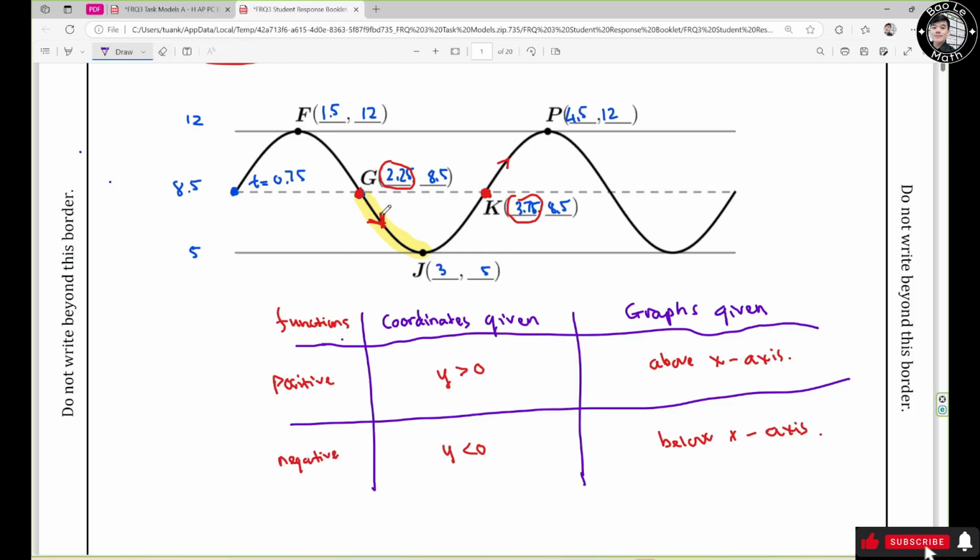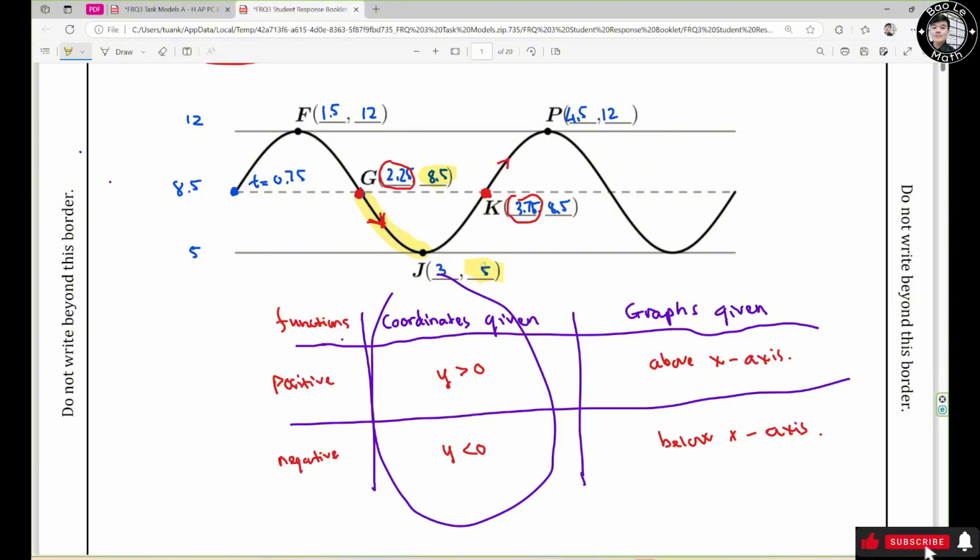Look at this one, you see the coordinate point given, right? So we're going to use this one right here. Now we need the function to be positive, so the y coordinate must be greater than 0. If we need the function negative, the y coordinate should be less than 0. Now we look at this one right here, the y coordinate is 8.5 and 5. This is positive, right?